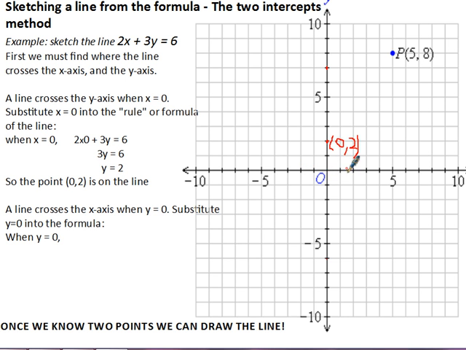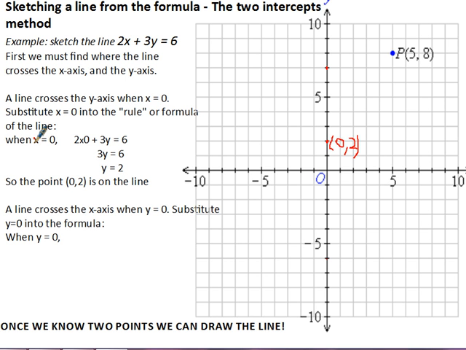And in fact, I'm not going anywhere to the right or to the left, I'm just staying on the y-axis. So every point on the y-axis has an x-coordinate of 0. So knowing that, if I substitute x equals 0 into the formula of my line, it will give me the point where the line crosses the y-axis.